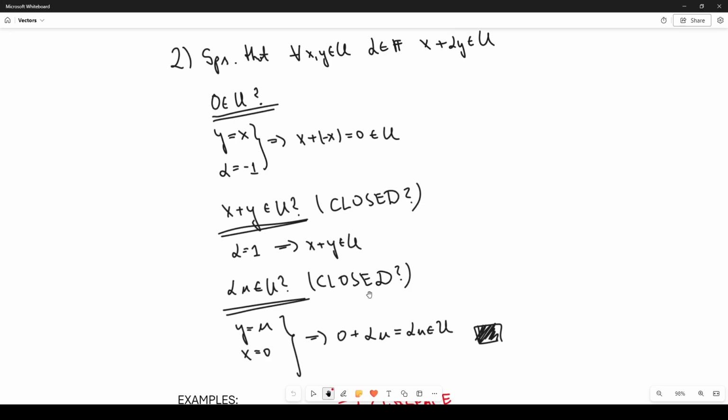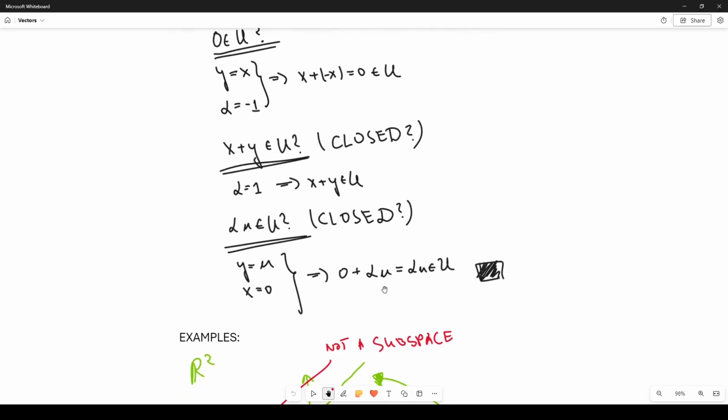We do not go outside of the subset U. So that means that U is indeed a vector space, so U is a subspace.